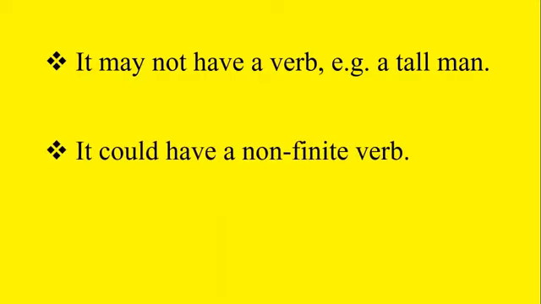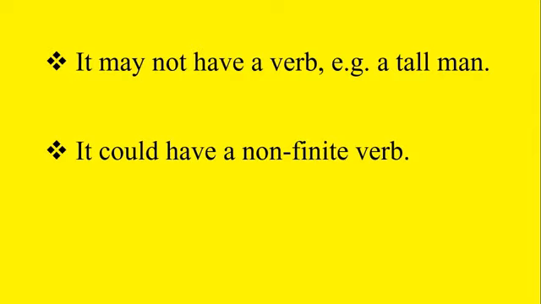Now, the fourth one, it could have a non-finite verb. If at all you're going to see a verb in a phrase, the verb must be a non-finite verb. If you want to get a better understanding of what a non-finite verb is, you can check my video on that topic. I will put the link below so you can go through what a finite verb is and what a non-finite verb is.